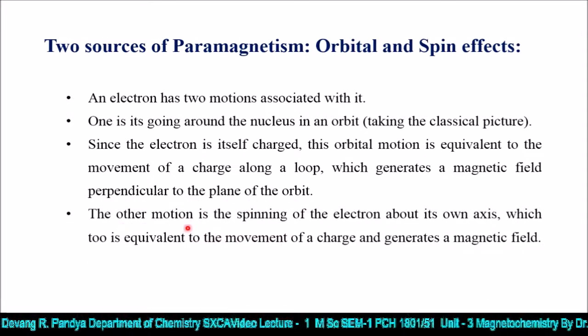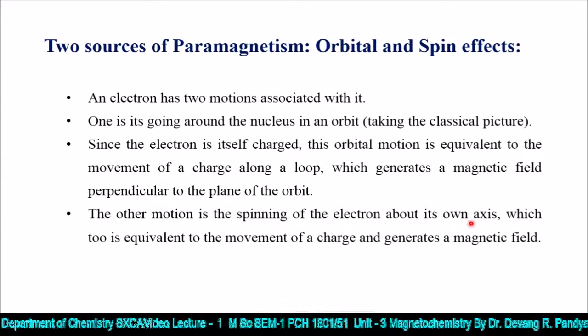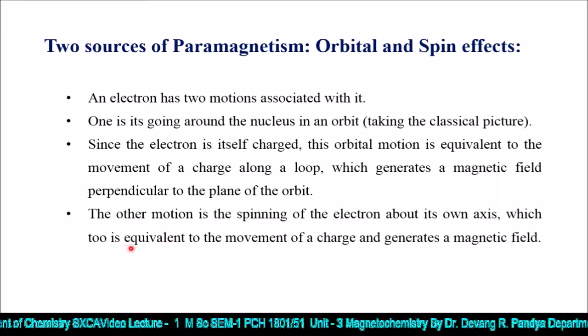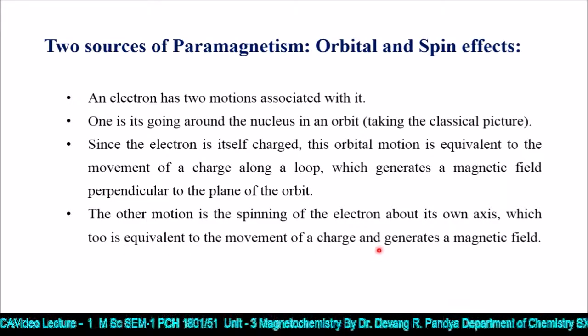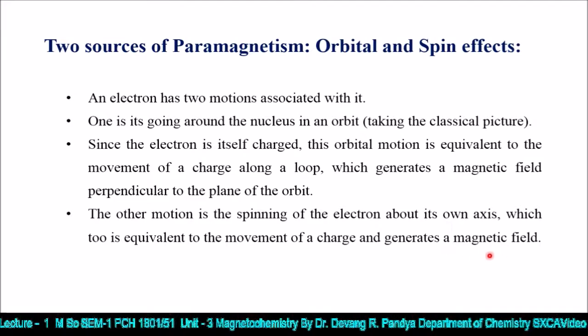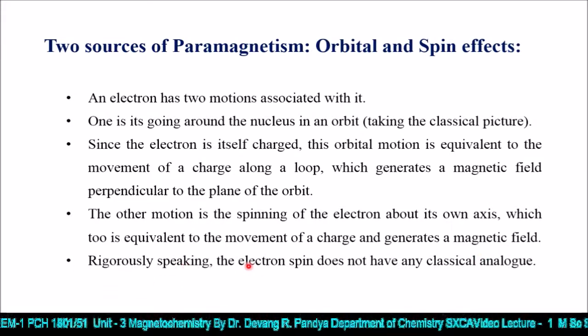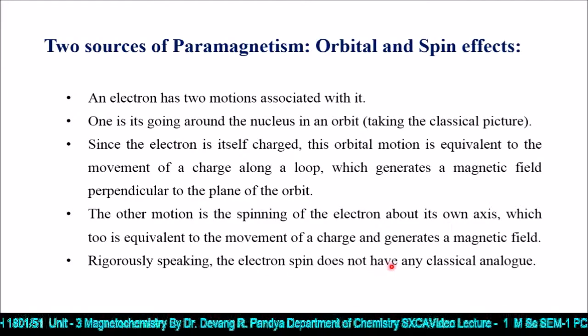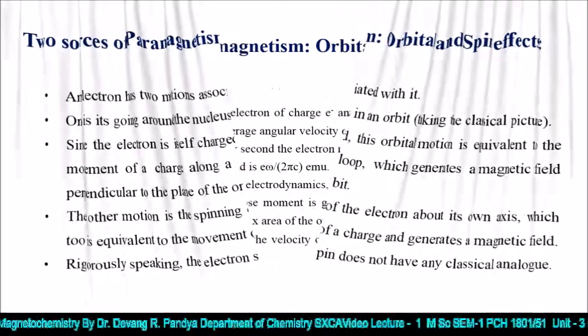The other motion is the spinning of the electron about its own axis, which too is equivalent to the movement of a charge and generates a magnetic field. Rigorously speaking, the electron spin does not have any classical analogue.